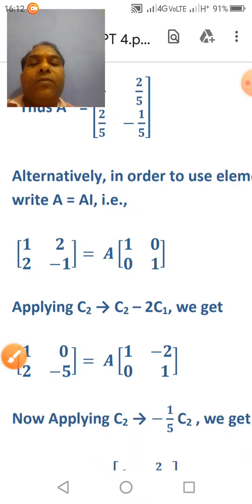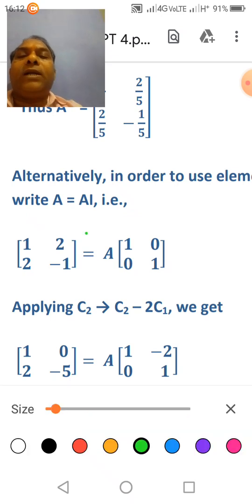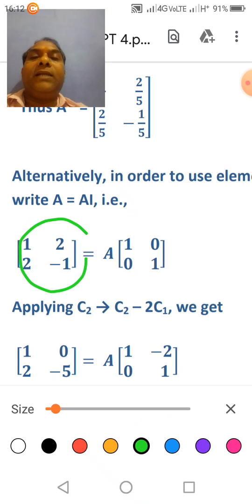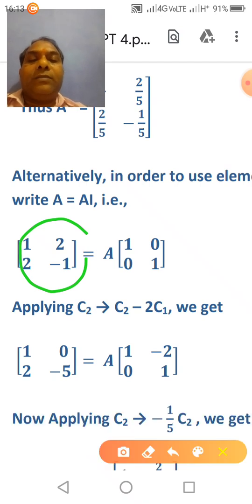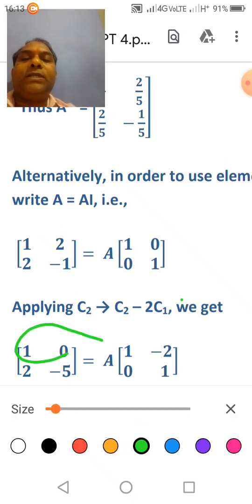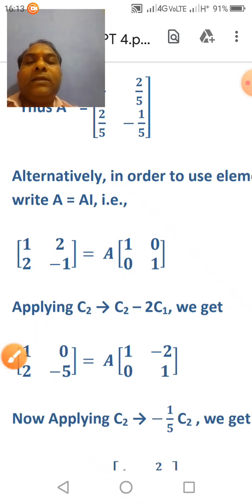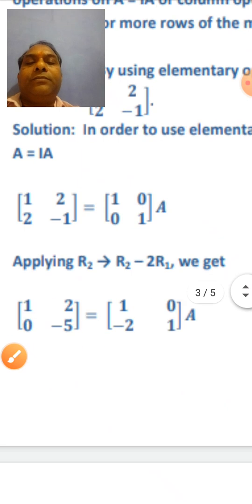Now you have to convert LHS into identity matrix, because here we use column elementary operation, so we have to convert LHS into identity matrix row wise. Clear? So firstly convert the first row as 1 0 by using column operations. Clear? In both sides.